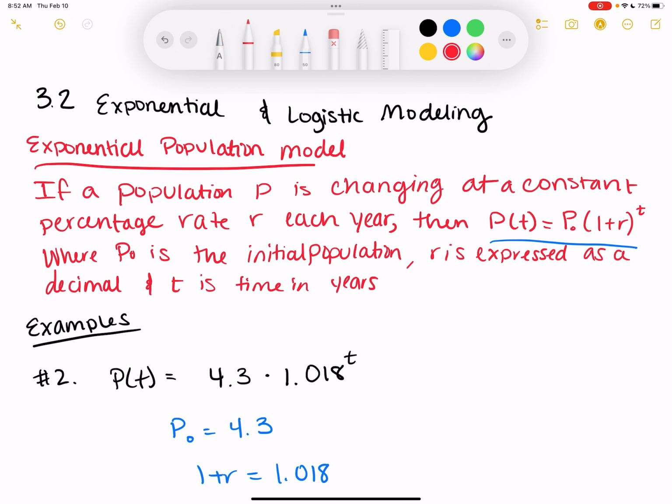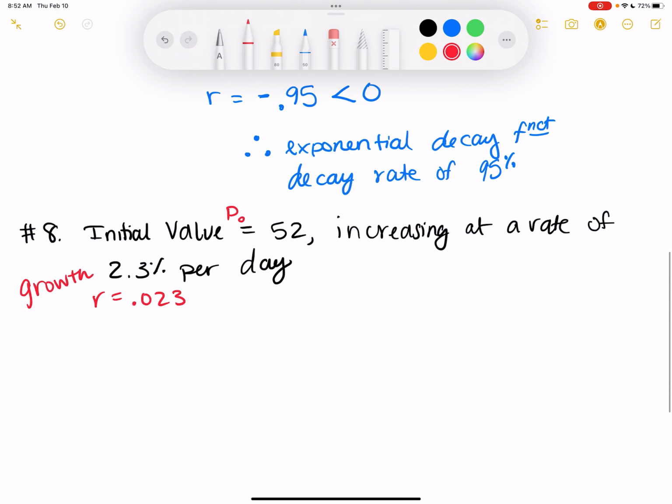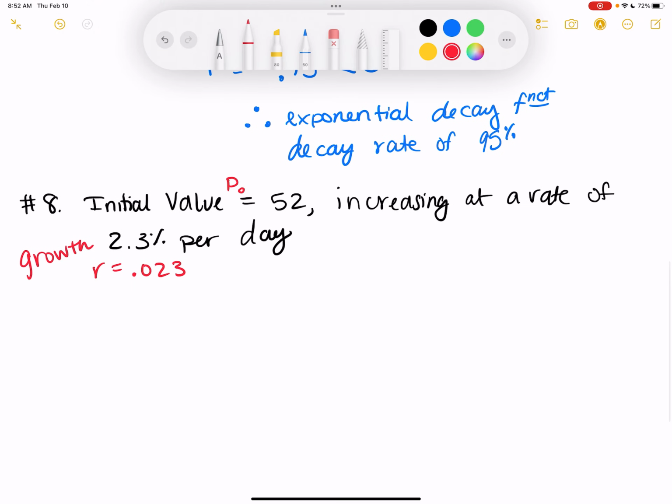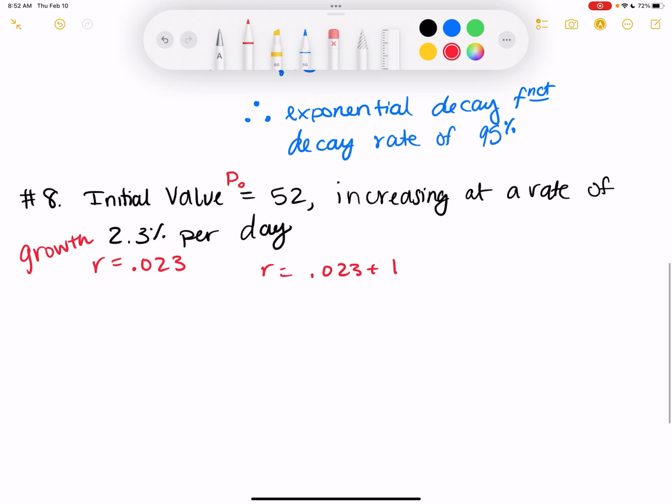Well then are you just adding 1 to it? Yep. So 1 plus R is equal to 0.023 plus 1, so 1.023 is my 1 plus R.